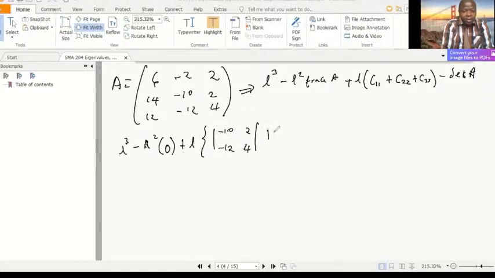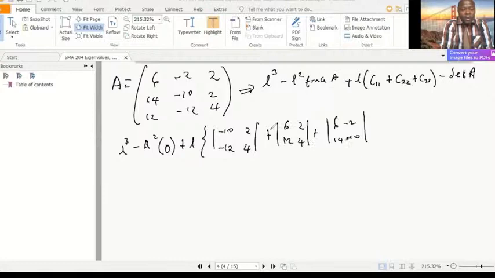And then plus the cofactor in the last position, deleting the row and the column, which is 6, negative 2, 14, negative 10.